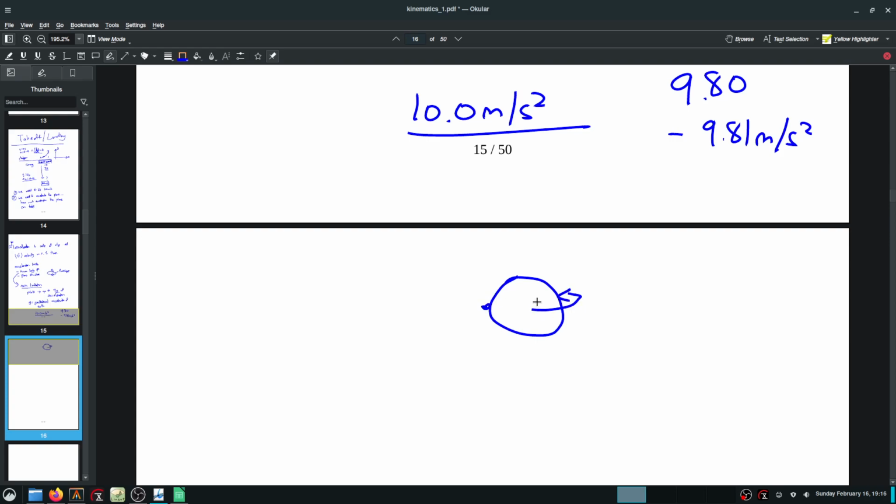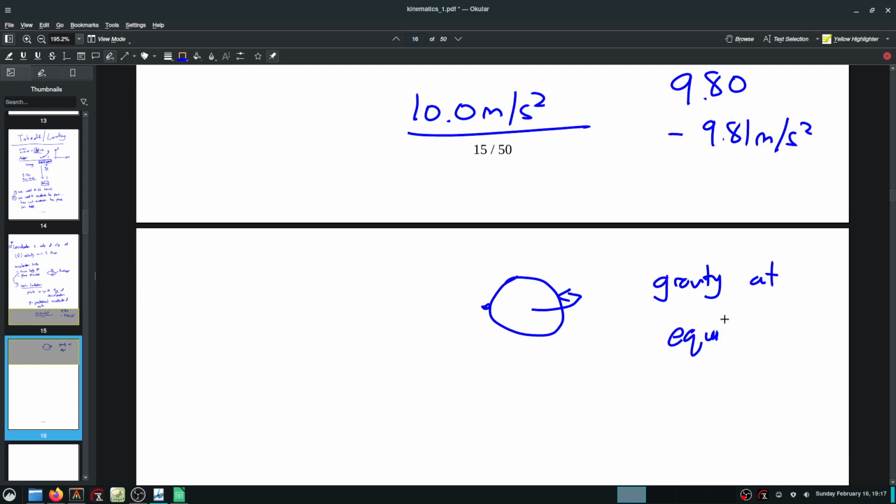If you are on the equator, where it's spinning the most, it is actually detectable that the Earth is slightly bulged. It's not a perfect sphere, and therefore the gravity at the equator is slightly weaker than elsewhere, let's say at the polar region.